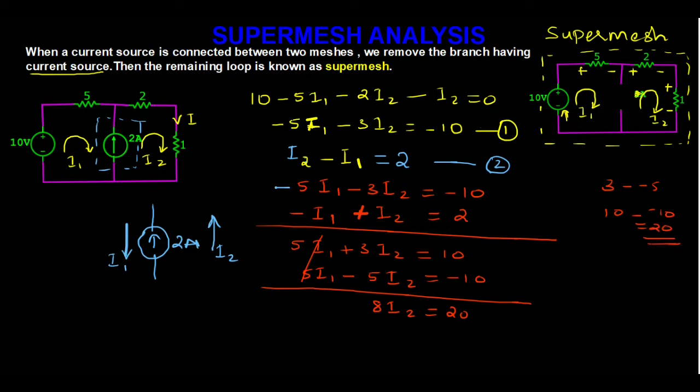Use a calculator to solve this; that will be easy. I2 equals 20 upon 8, which is 2.5 amps. I2 is the same current I flowing through this 1 ohm resistor, so it is equal to 2.5 amps.